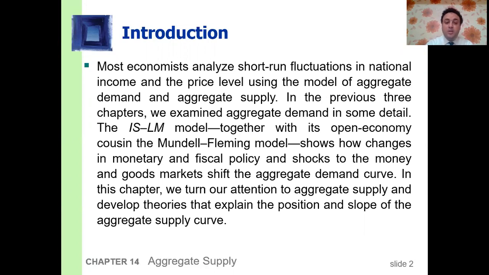It shows how changes in monetary and fiscal policy, and shocks to the money and goods markets, shift the aggregate demand curve. In this chapter, we turn our attention to aggregate supply and develop theories that explain the position and the slope of the aggregate supply curve.